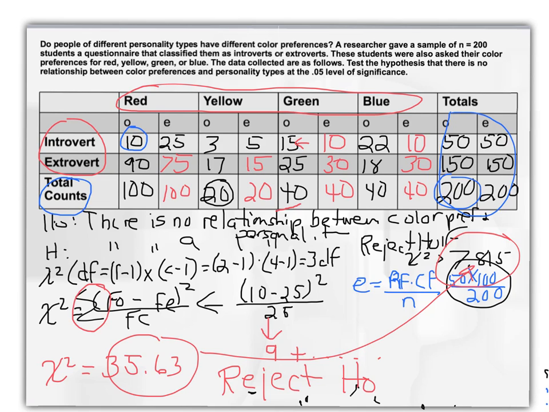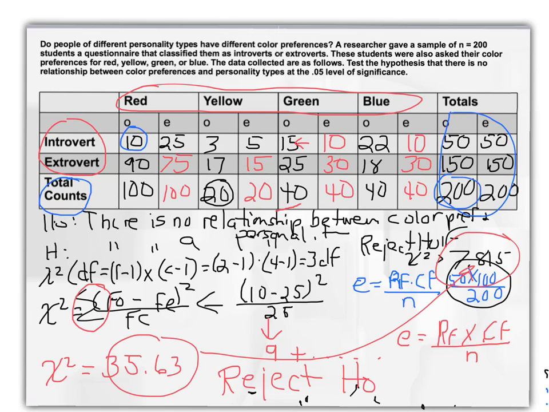So the difficult aspect of your contingency table or your chi-square test of independence is calculating the expected frequencies. But once you have those, it's just a matter of pretty basic math. We get those expected frequencies again by taking for each cell the frequency in the row times the frequency in the column and divide that by the total number of people in the sample.